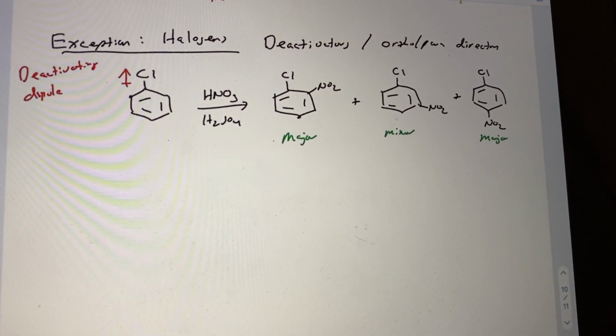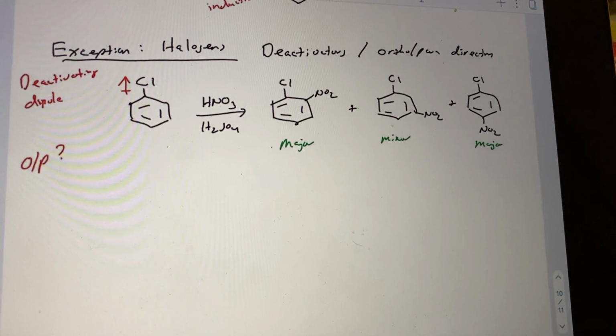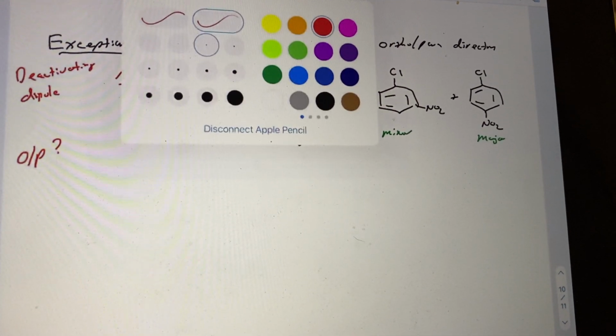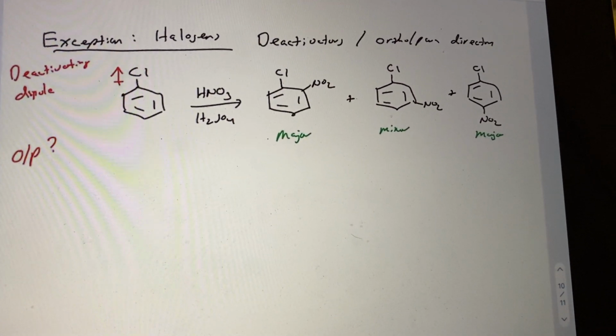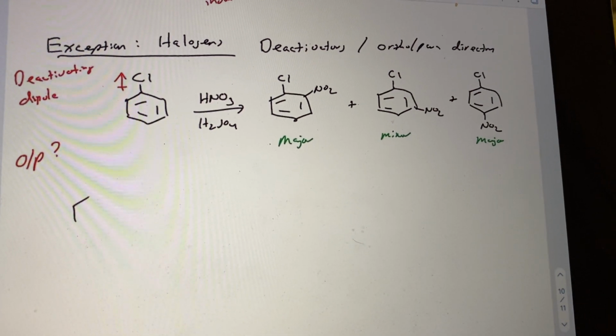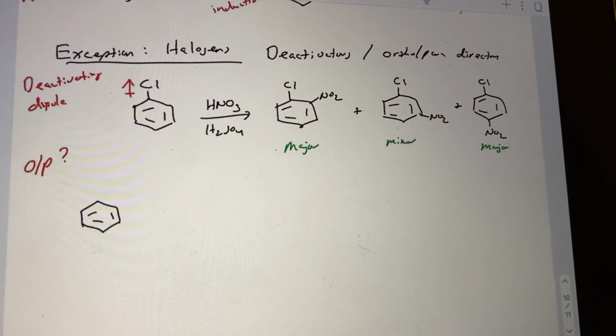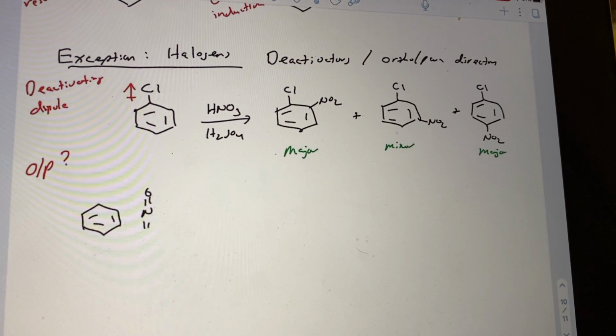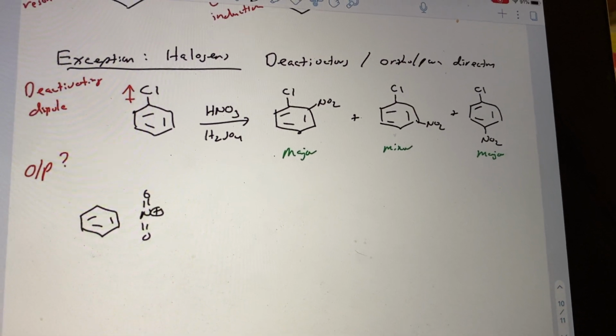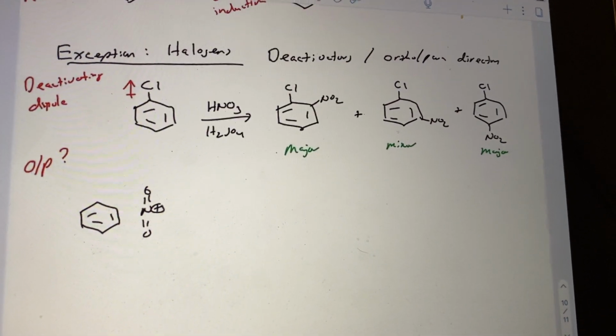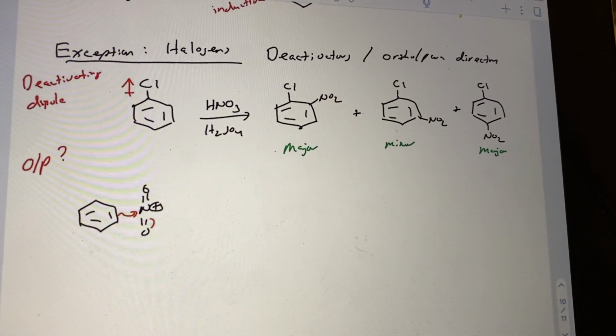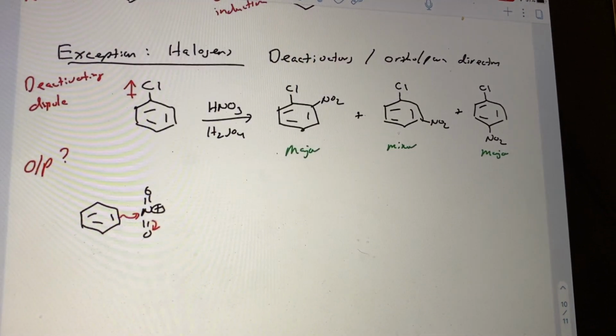Let's put a line in between. So why ortho-para? Let's do the same analysis that we did last time. Just to refresh, the strong electrophile is that nitronium ion. We'll collapse this down.